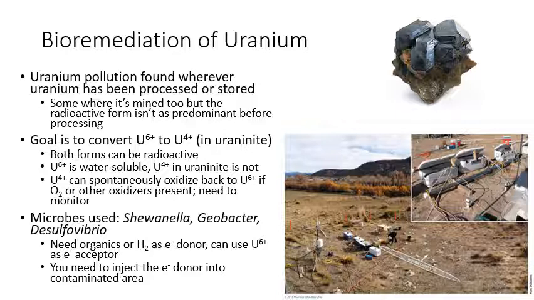So usually when you're doing this, you're going to figure that there are some microbes from those genera in the area already because they frequently live in the soil. So all you need to do is provide them with an electron donor to stimulate their metabolisms. If they have more electron donor around that they're using, then they're going to need to use more electron acceptor, so they'll end up using more uranium and converting it to the U4+ form.